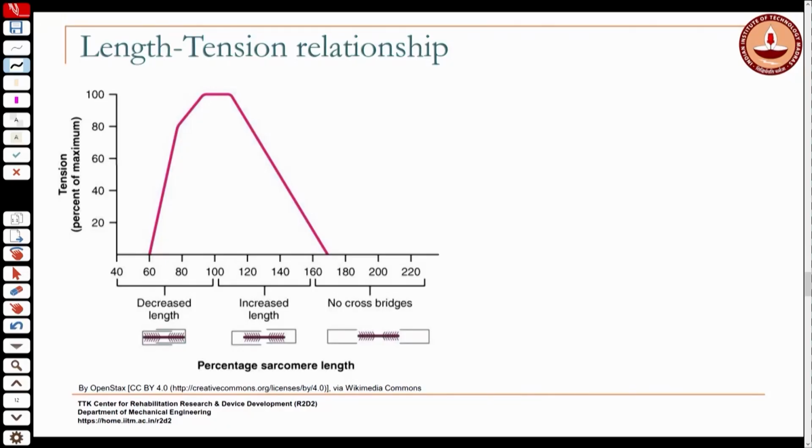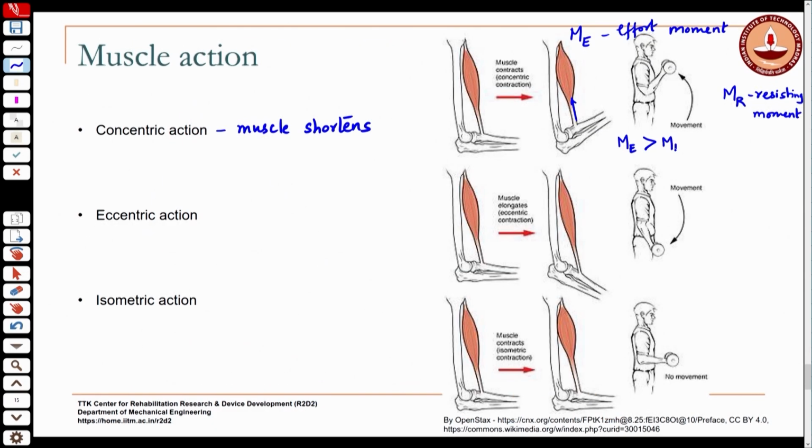Now, if the effort moment is greater than the resisting moment, you have motion in the direction of the effort, and the muscle that has provided that effort moment is under concentric action. A lot of places you will say concentric contraction instead of action, but I will tell you why I prefer the term action. But you will also see, like in this figure here, it says concentric contraction. The angular movements are in the same direction.